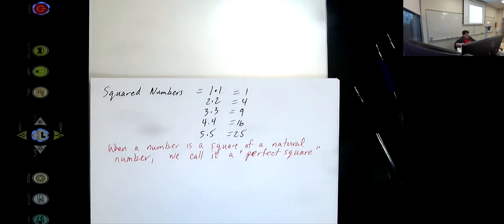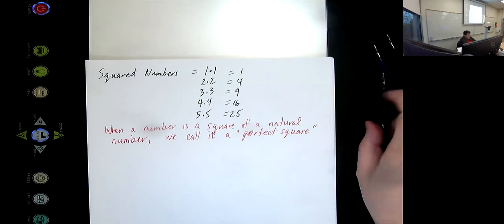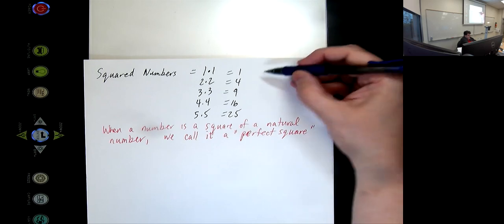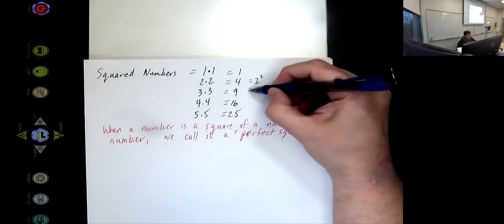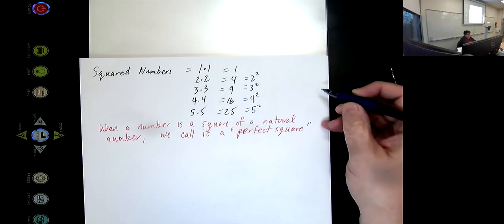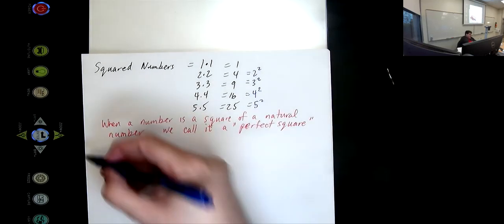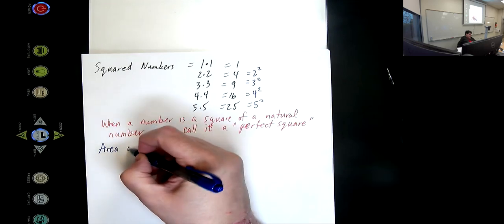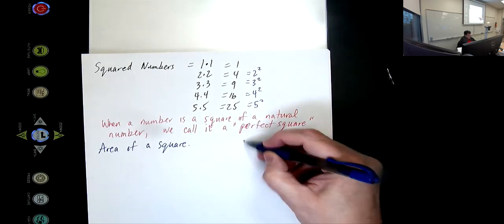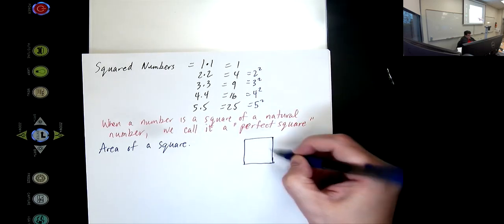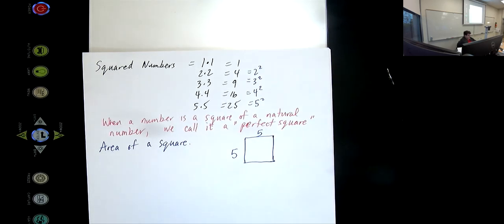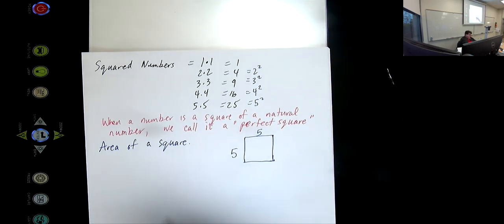I'll talk about it here now. Where we come up with the name square, this is 2 squared, 3 squared, 4 squared, 5 squared. It comes from the area of a square. The area of a square.